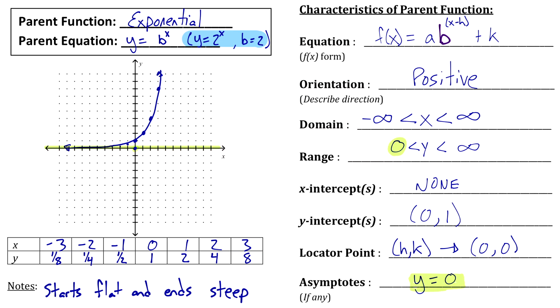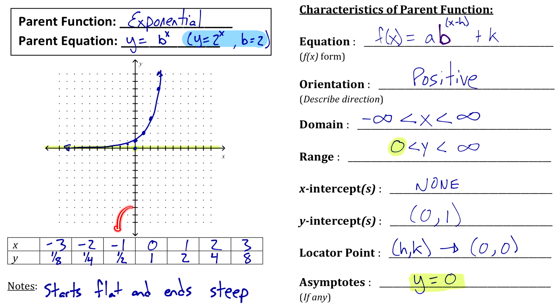All right, so you could see as we plug in numbers, I'm going to go right to left. I plug in a 3, I get an 8. I plug in a 2, 4, 1, 2. You'll notice these numbers are cutting in half. So 8, 4, 2, 1.